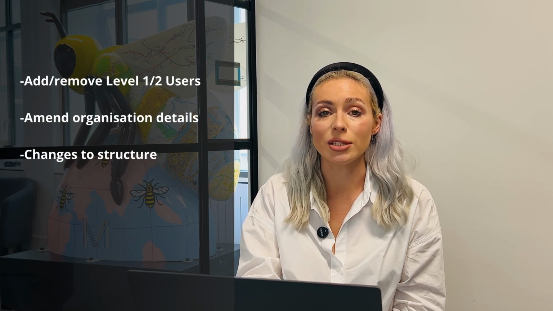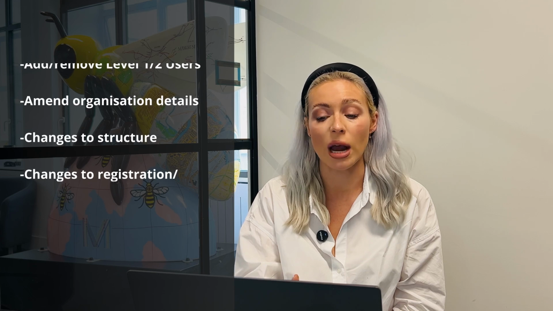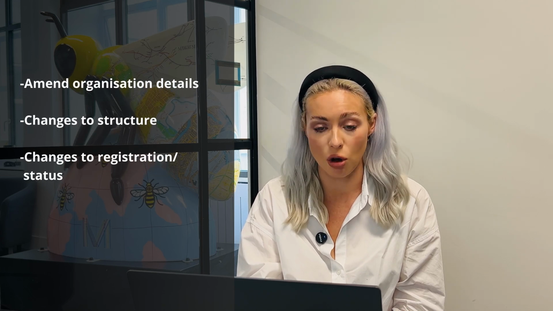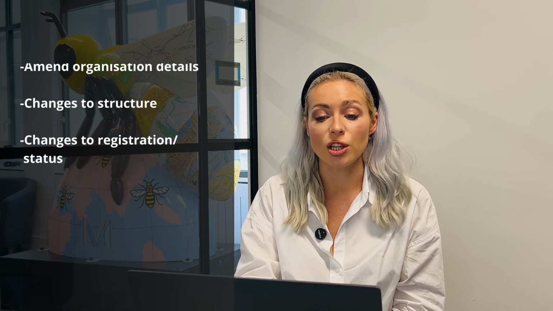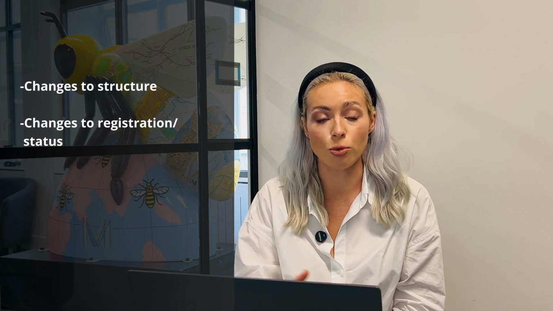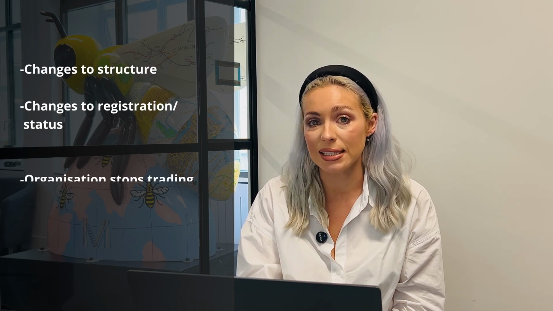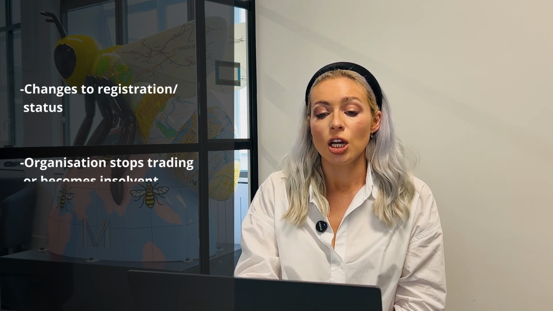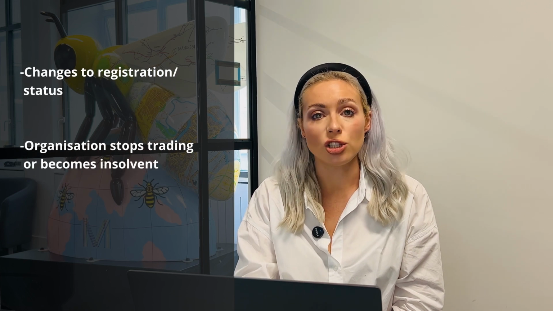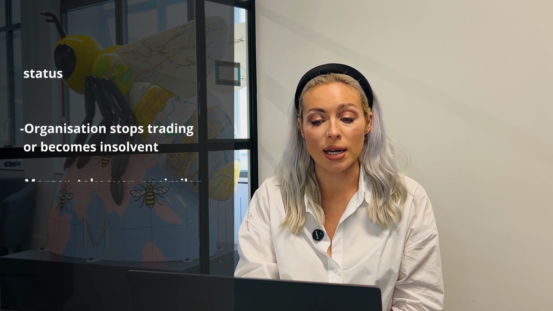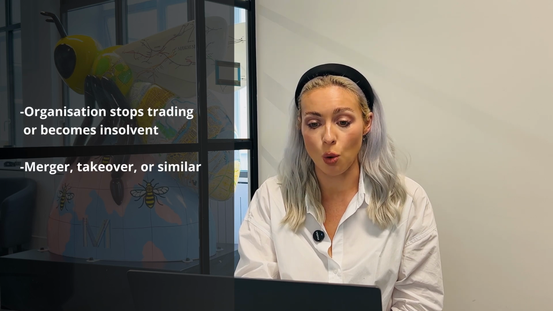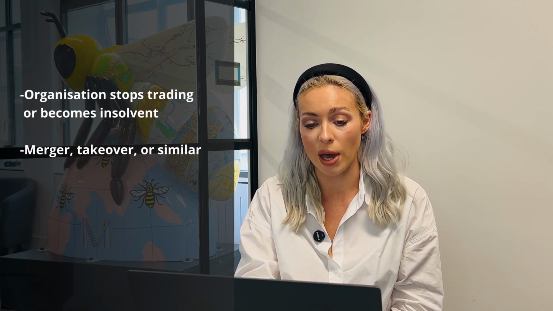amending the organisation's details such as the business's name or any of its branches, address and contact details, changes to the organisation's structure such as more branches, sites or linked entities in the UK, changes to the status of any registration or accreditation the organisation is legally required to hold to operate or trade in the UK.